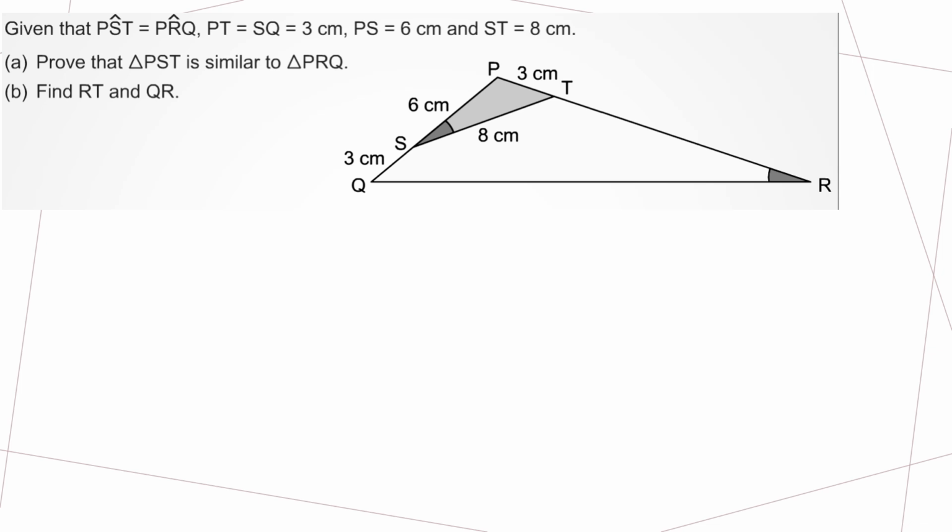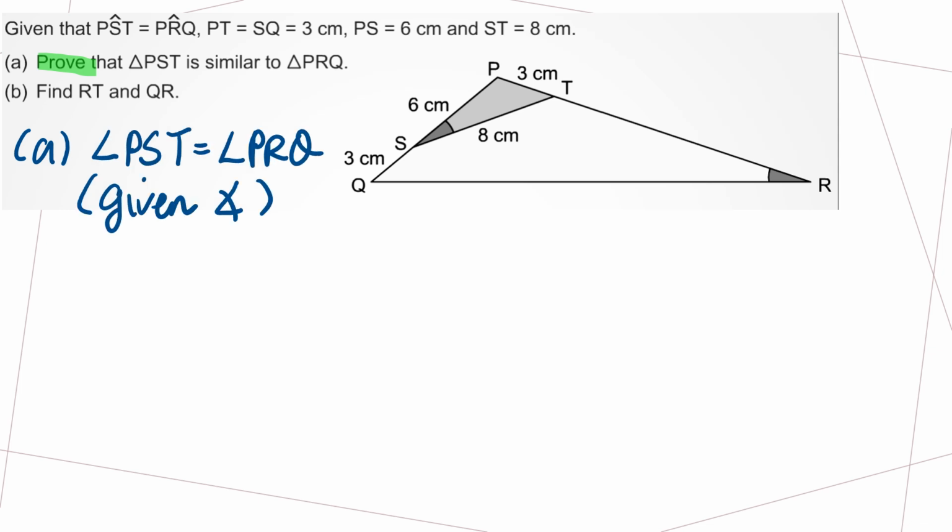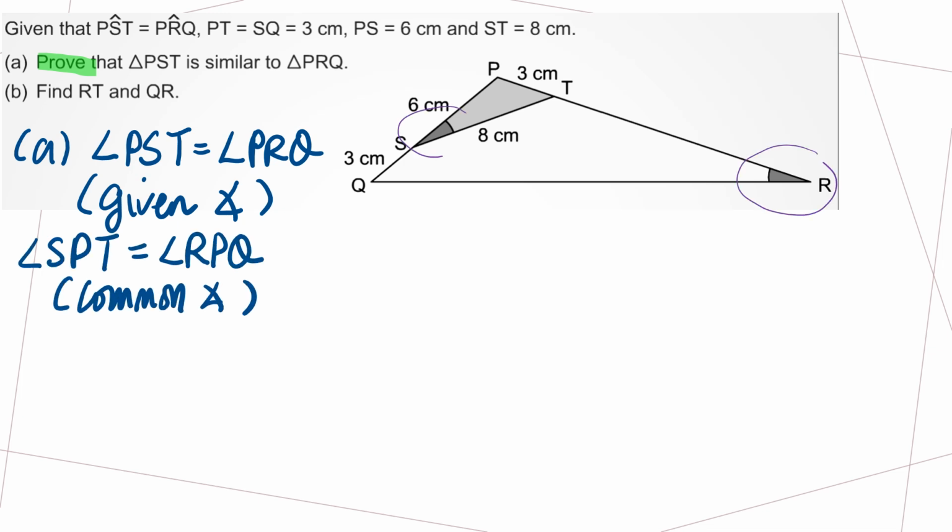The first angle that's the same is angle PST and PRQ, which is given in the diagram. And there's also another common angle here.